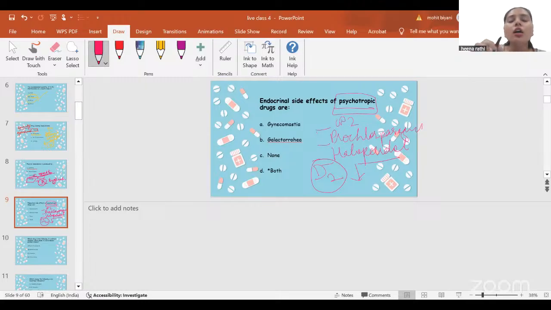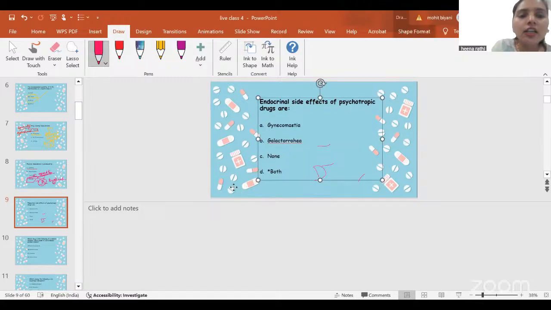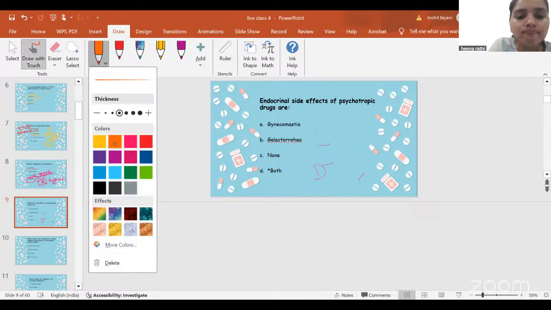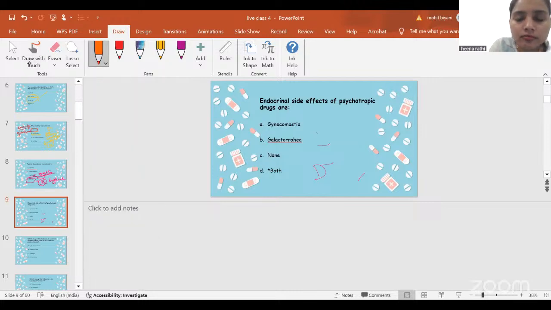Because of this decrease in the D2 receptor, there is an effect, because dopamine is inversely proportional to prolactin. If the dopamine is reduced, what does it mean?